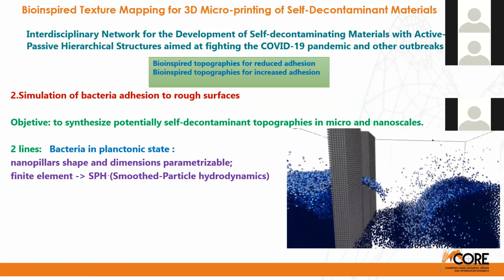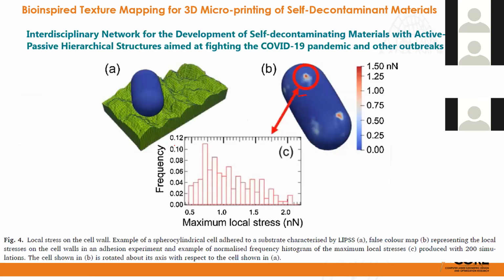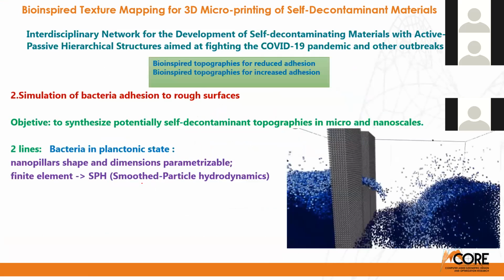So in our case, we want to do something similar to that, but we want to be able to parameterize this topography a little bit better, with a little more control, but also want to experiment with a totally different type of modeling of this physical situation.